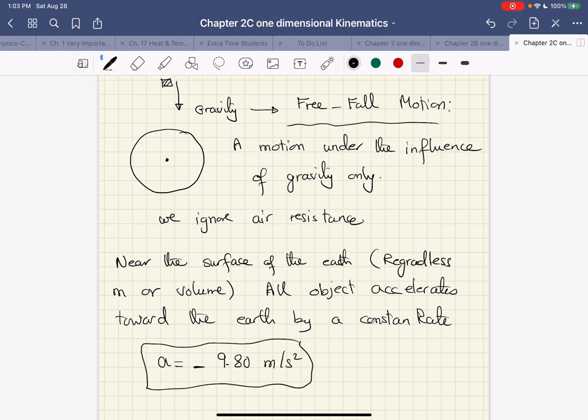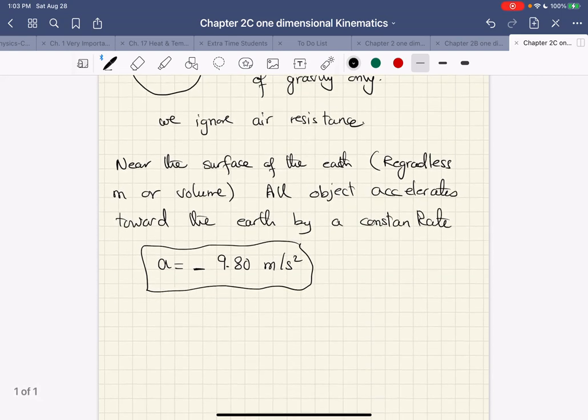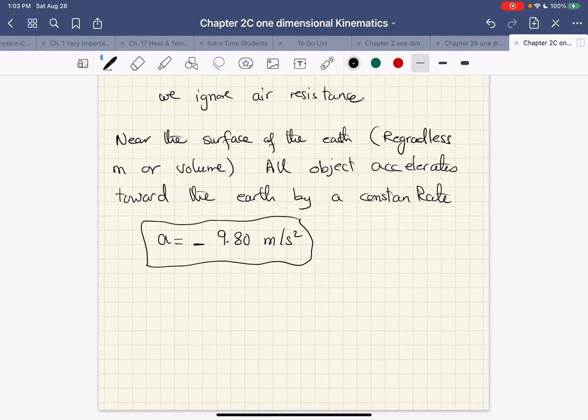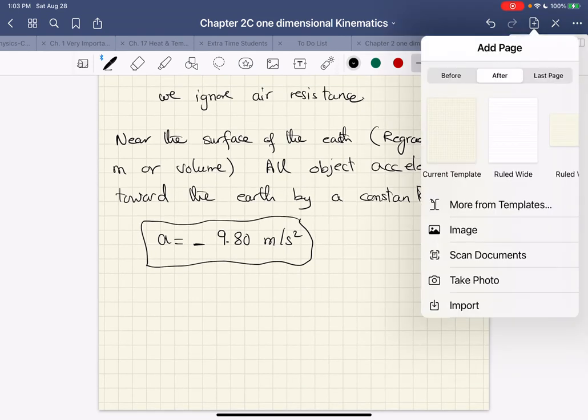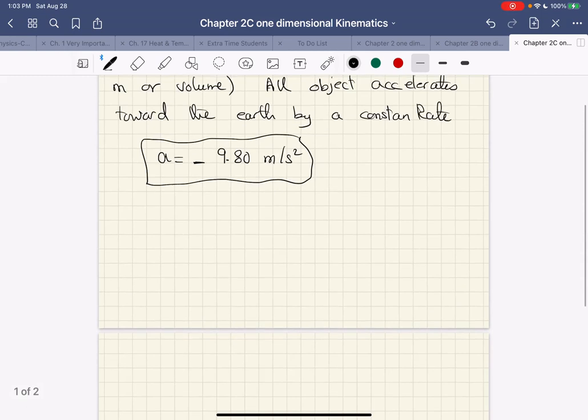Why is it negative? Because it is towards the center of the Earth, which means for us it is downwards. Of course, if we move away from the Earth, that number is going to be different. But here we are very close to the Earth, which means we will not have changes in the value of that acceleration.